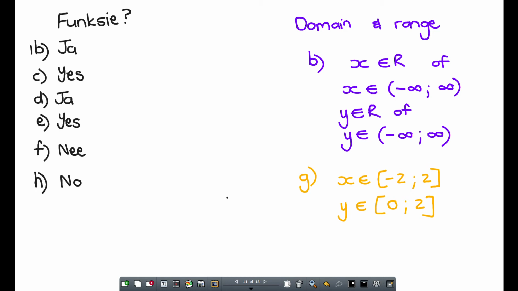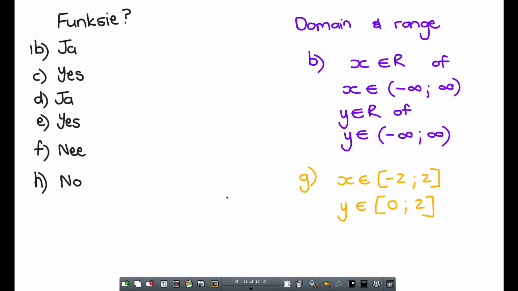Okay, then the domain and range. Die waardeversameling en definisieversameling of B. Now B was a straight line, nee? So omdat hy nie stop nie, there were little arrows on the side. So that line goes on and on and on and on. So X values could have been anything.